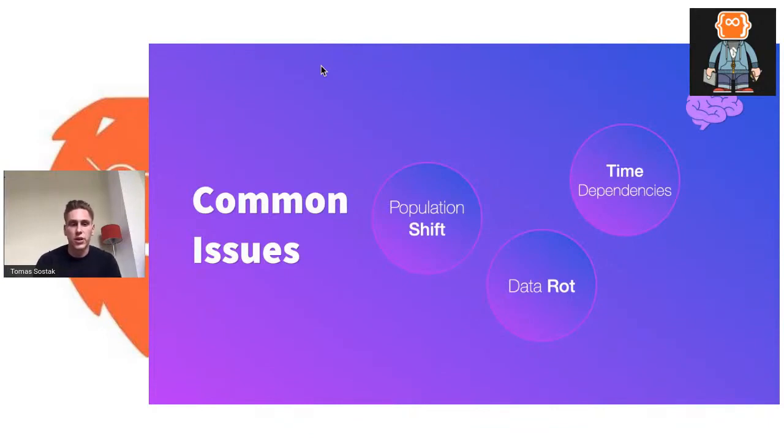So basically, the data changes over time, and the previous data becomes irrelevant for the new model. Also, the time dependencies. For example, you can observe that some data is seasonal, so you have spikes in data at the end of the month, and you would maybe like to take this into consideration when training your model.